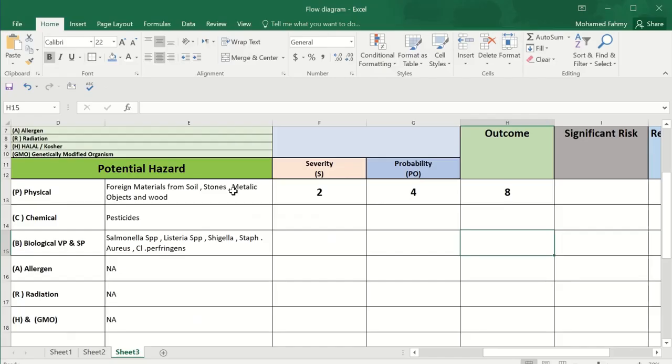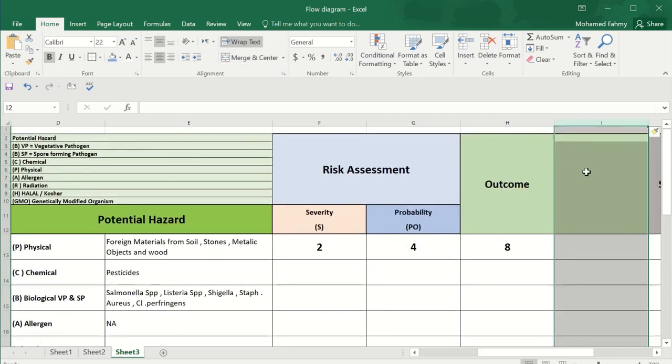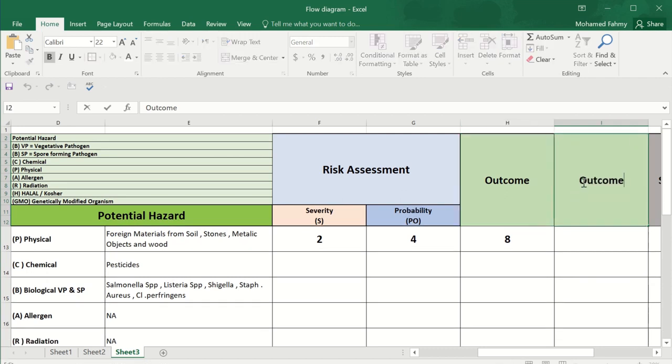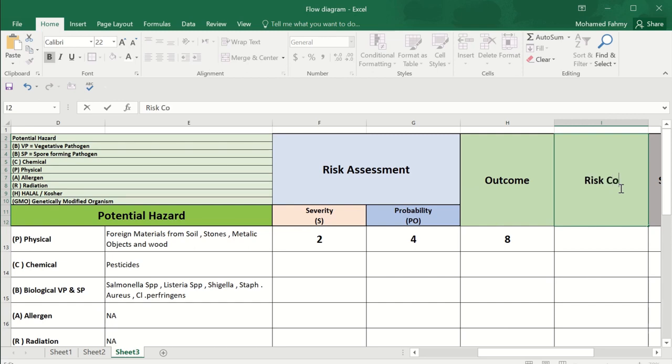So when you go back, severity, the outcome, and significant risk, also we can insert here, not the outcome, it will be the risk. Then control measure.